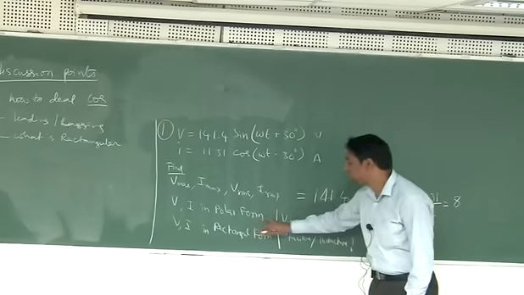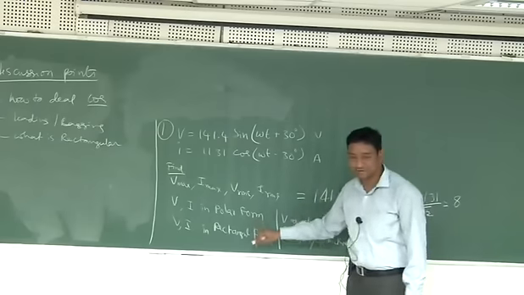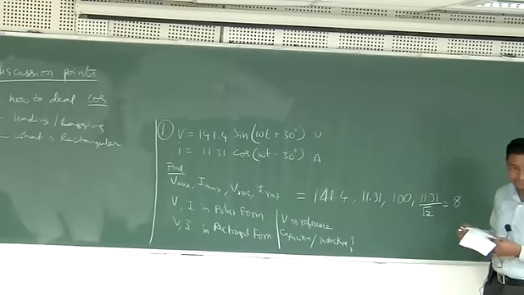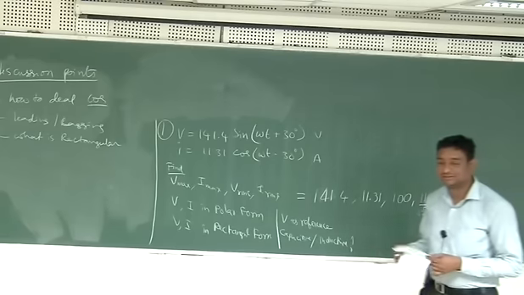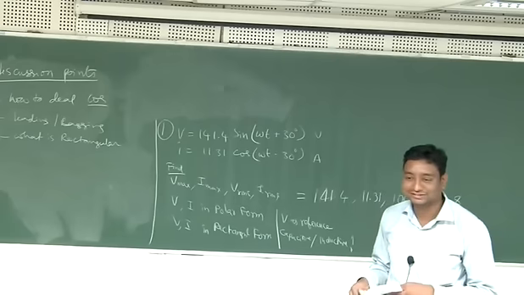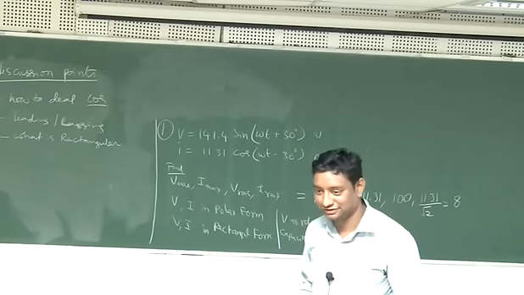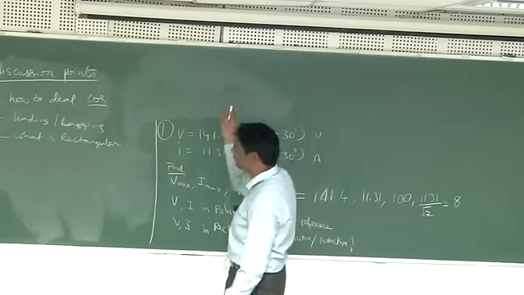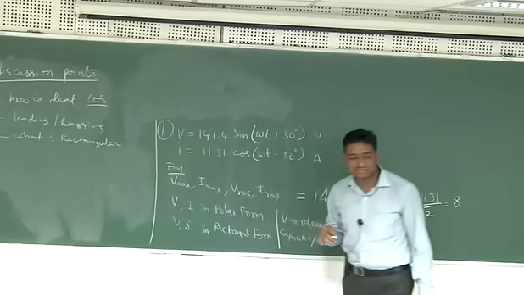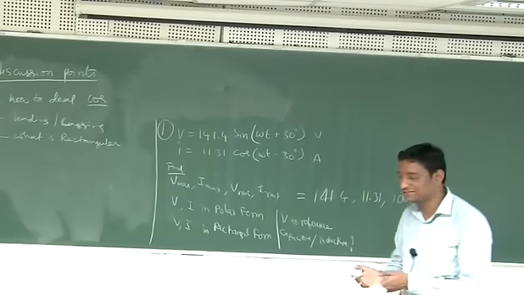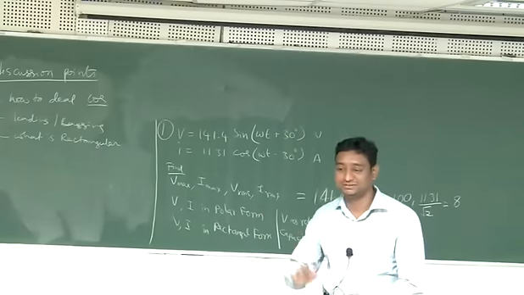Now let's work on the polar form. How do you represent V in polar form? The polar form is amplitude and angle. Strictly speaking it is amplitude and angle, but in practice we use the RMS value and angle.